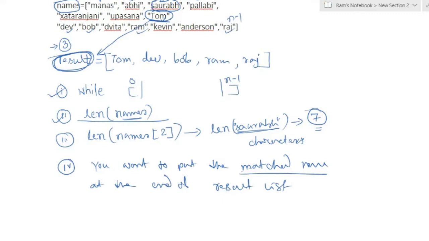So as soon as this first match is found, immediately you should realize that this result now will have this Tom as its content, right? Now this is the task that you want to do, and how you are going to achieve this, you already know the solution.